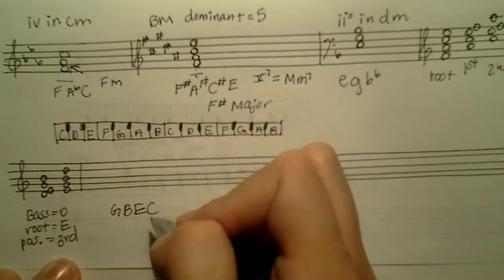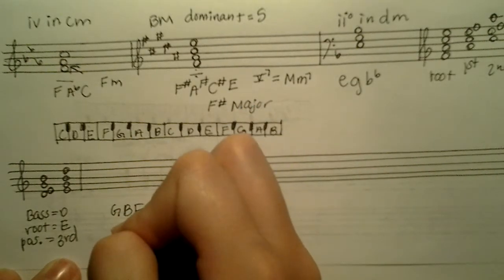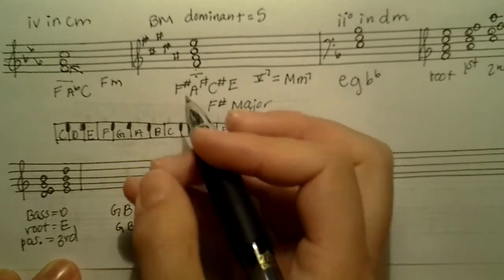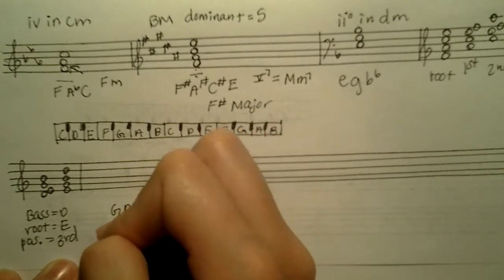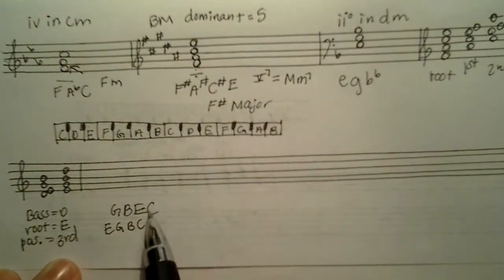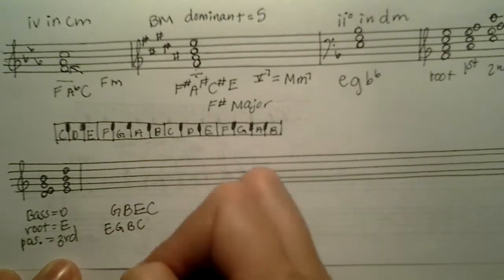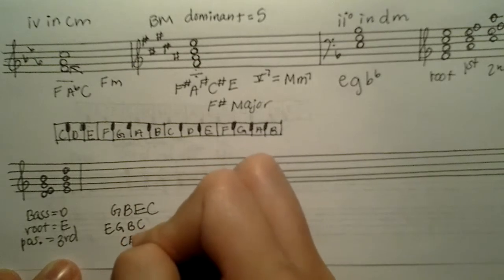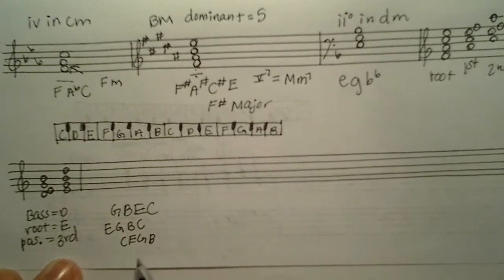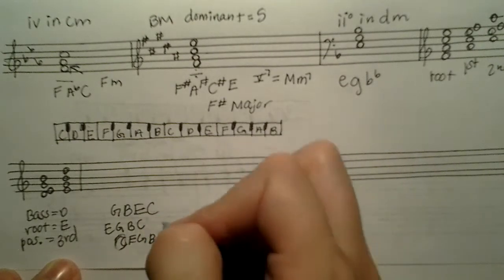Let's switch it around, and let's say that we have G, B, C, and E over here. This is not a third, so we need to switch it around again. So let's try C, E, G, B. Now it is put into thirds. So therefore this C is going to be the root.